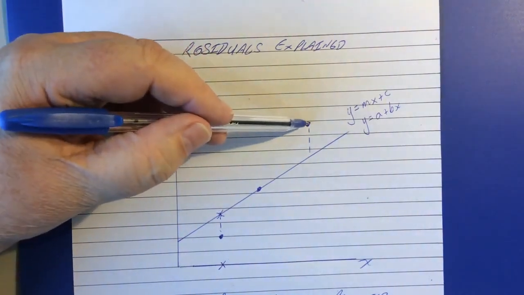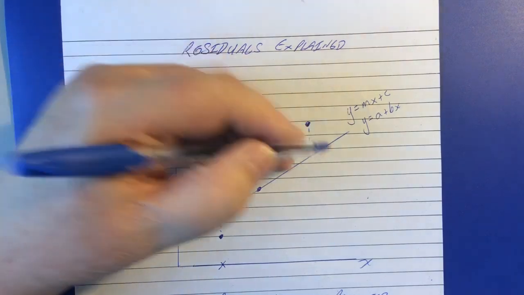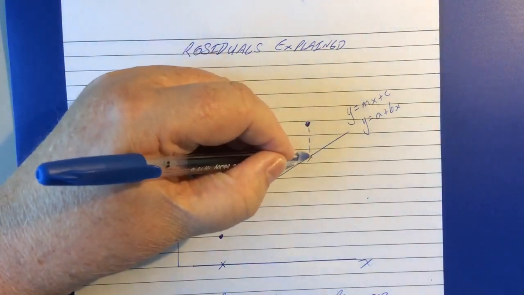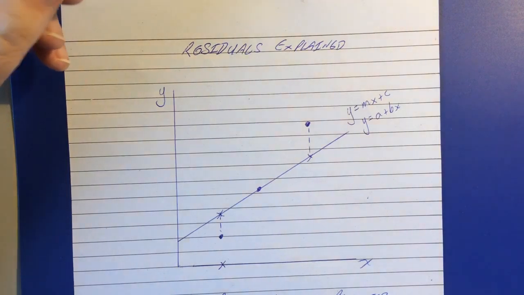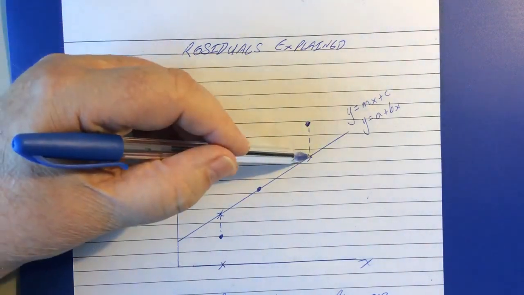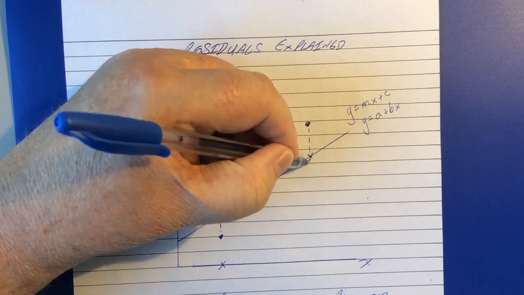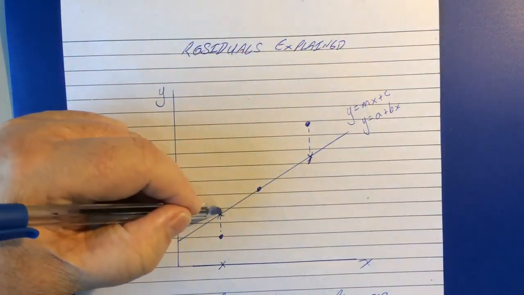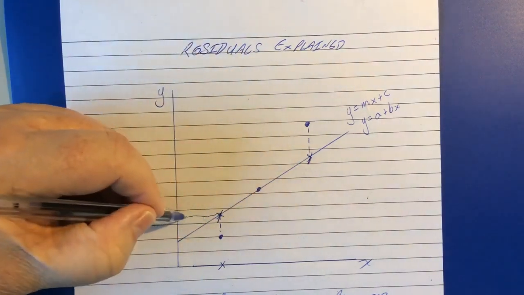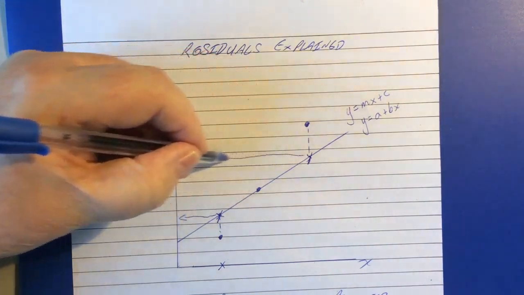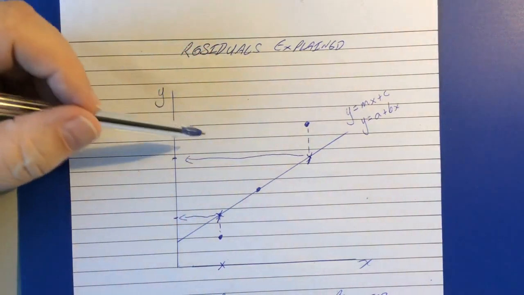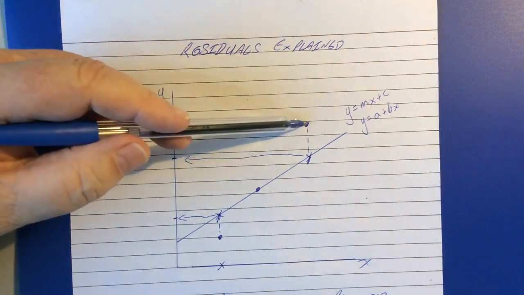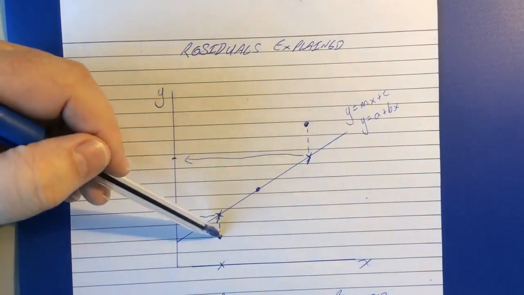In this case, it is this y value minus the y value here, which I have unhelpfully marked with an x. We're looking for these values here, and we're comparing them with what we actually got.